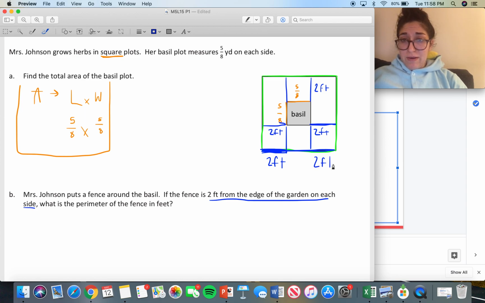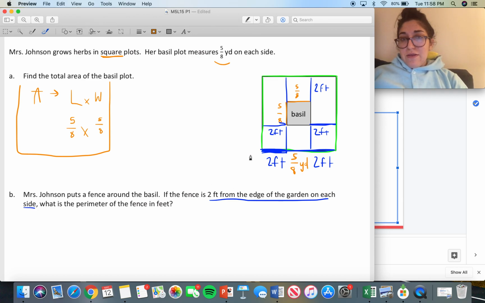And then how about this center part here? Well, I know that each side of the basil is 5/8 of a yard. So that means that this is going to be 5/8 of a yard, not 5/8 of a foot, because they like to confuse us. Right?